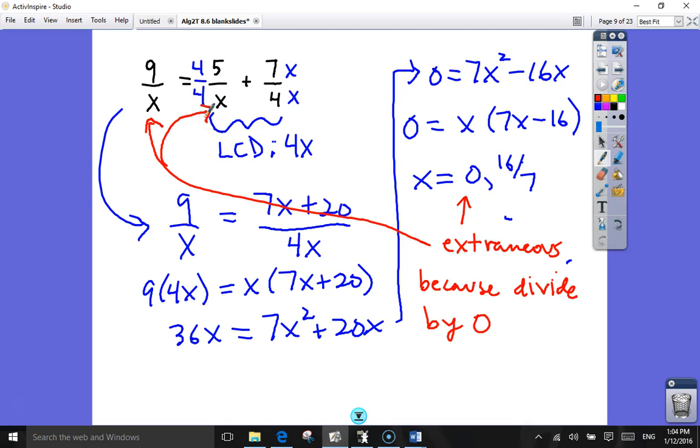The 16 over 7, any problems with that? No. The zeros of the denominators were 0, that was it. And that ended up being one of the solutions.